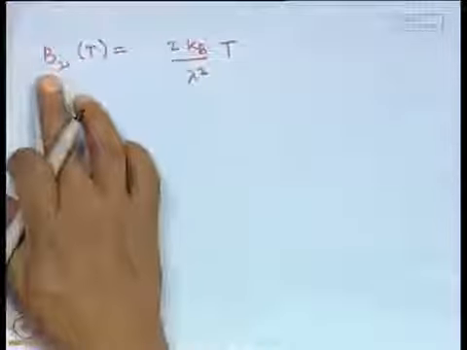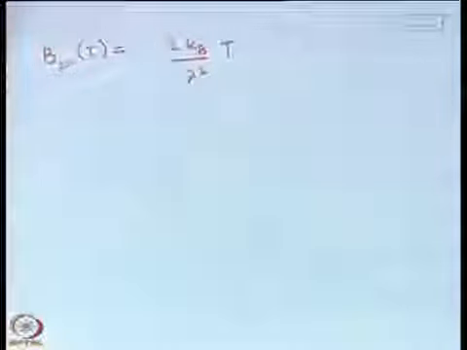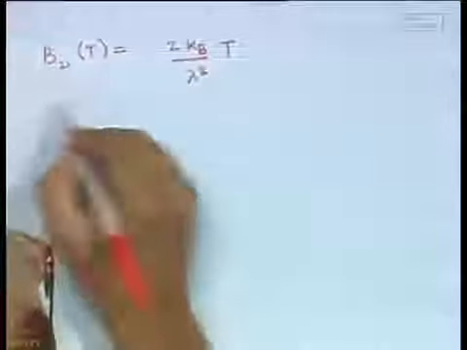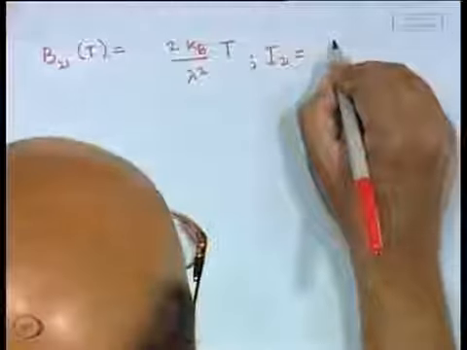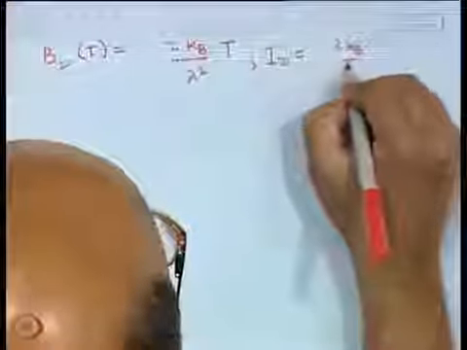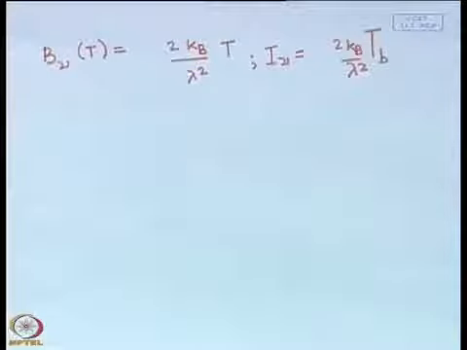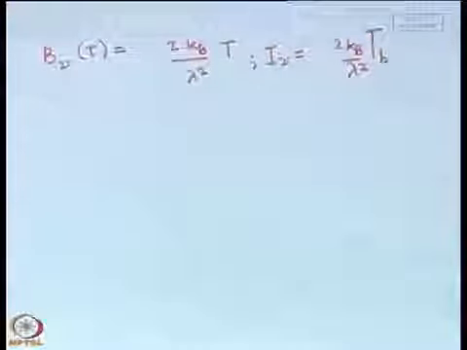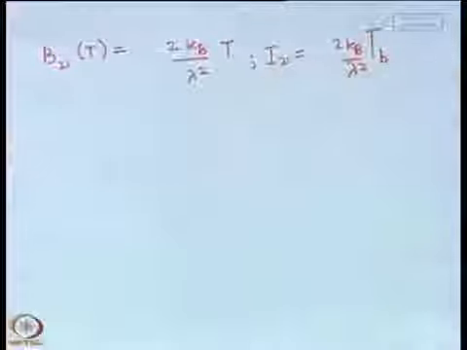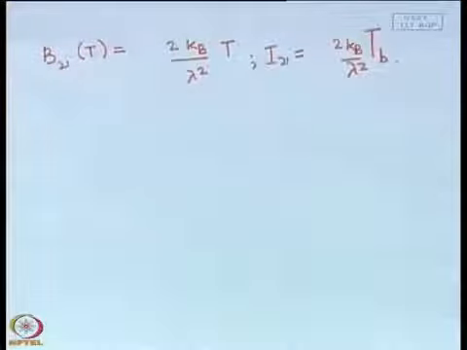The relation between the source function and the temperature is quite simple, it is a linear relation. So we will assume that we are working in this limit, and the specific intensity then also is 2 k_B by lambda square into the brightness temperature which you would measure. So we are quantifying the intensity in terms of a temperature, the brightness temperature, and in the Rayleigh-Jeans limit they are related like this. So the more the brightness temperature, the more the specific intensity or brightness.